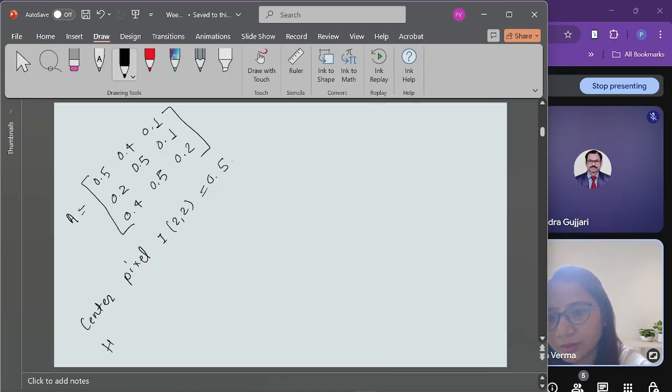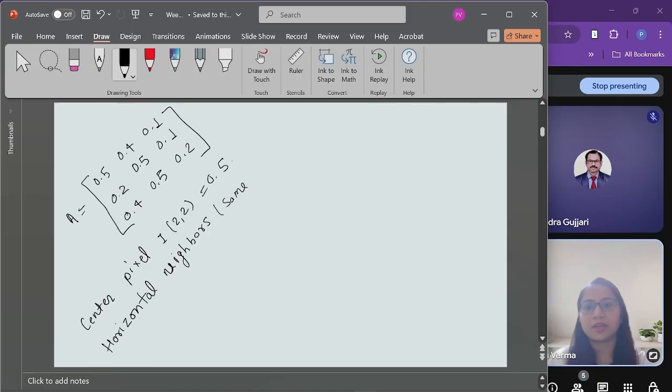First we will calculate the horizontal neighbors, that is, in the x direction, in the same row, because we are calculating for the second row, since the center pixel is in it. That means the xi plus 1 direction and xi minus 1.